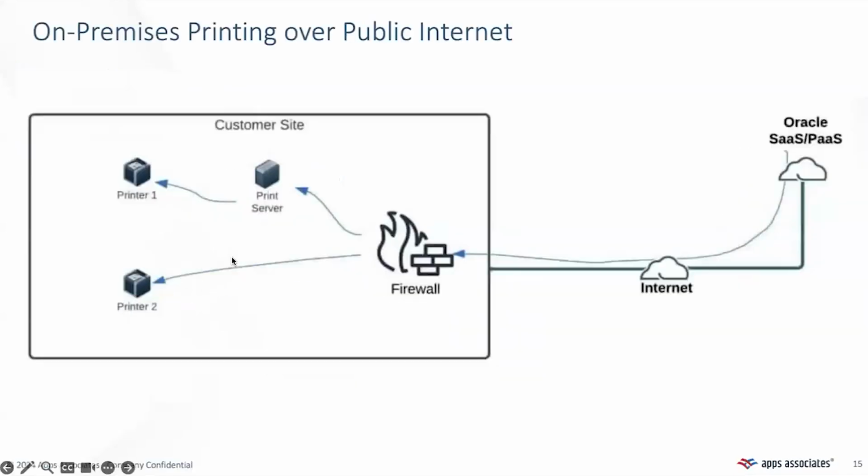Next slide. Yeah. So this is the first option, where you are printing over the public internet. The challenge here is how you can make it very secure, since it is transmitted over the public internet. In this particular option, you will be creating some sort of IPsec tunnel, which would be transmitted in a secure fashion.